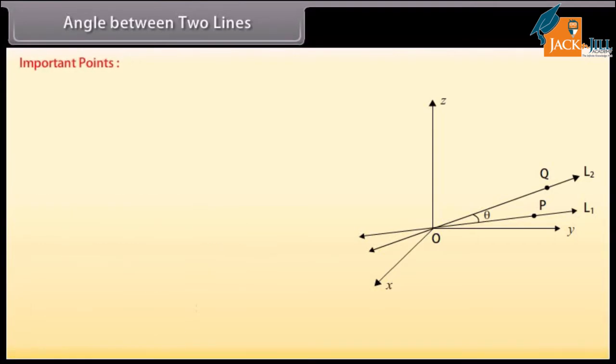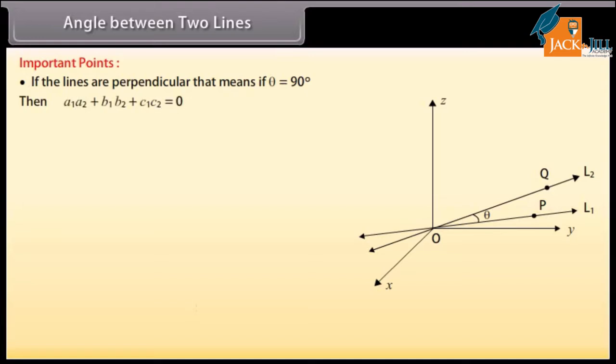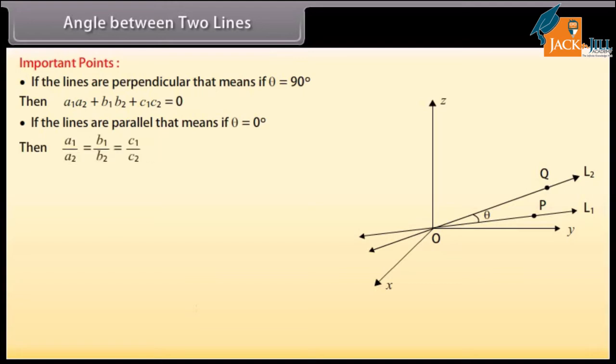Important points. If the lines are perpendicular, that means if theta is equal to 90 degrees, then A1 A2 plus B1 B2 plus C1 C2 equals 0. If the lines are parallel, that means if theta is equal to 0 degree, then A1 by A2 equals B1 by B2 equals C1 by C2.